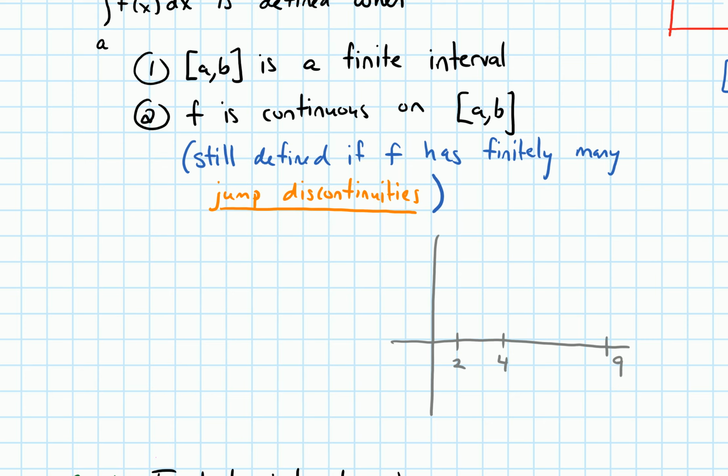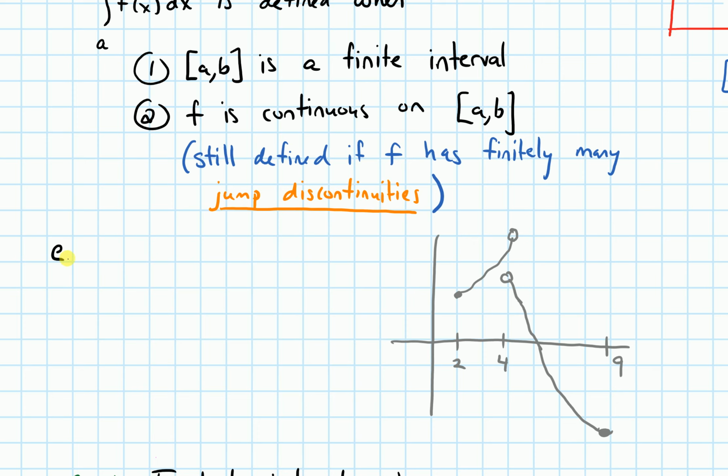My function starts at 2, then it goes up for a while until I reach 4, and there's an open circle there. Then I have another open circle at 4. So it jumps down from where it was on one side, approaching 4, to where it is on the other side, approaching 4. So this is called a jump discontinuity. Then it decreases, crosses the x-axis somewhere, and keeps going down. And then let's say I have a closed circle over here at 9.